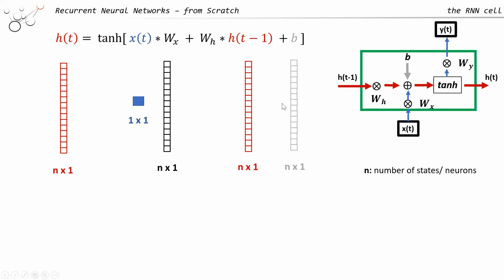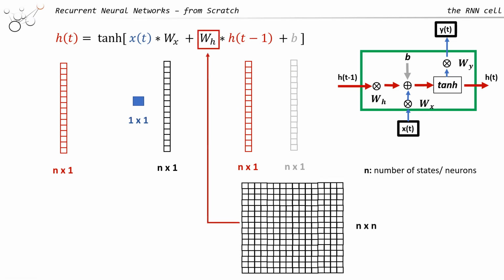And if that is true, then Wh cannot be just a vector, because if I just multiply this with np.dot, for example, then it would return a scalar. So this actually has to be a matrix, and it has to be an n times n matrix, because if I multiply this now with H, I will get an n times 1 vector back.